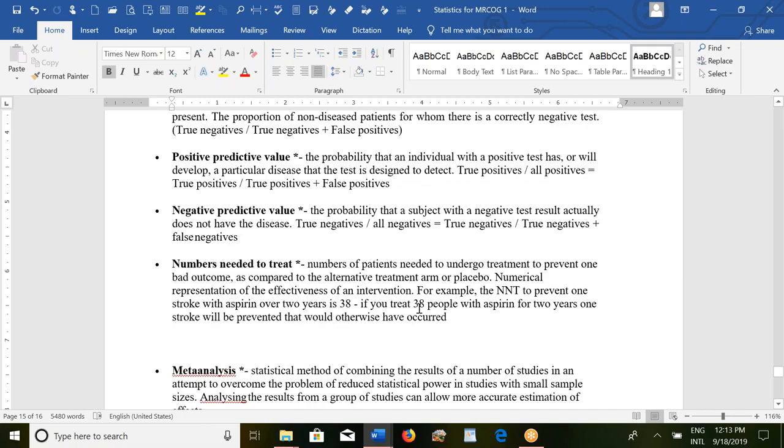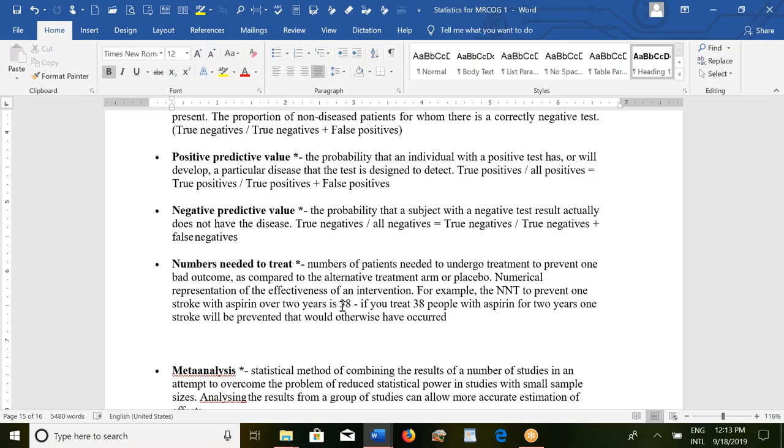For example, the number needed to treat to prevent one stroke with aspirin over 2 years is 38. So if you treat 38 people with aspirin for 2 years, one stroke will be prevented that would otherwise have occurred.